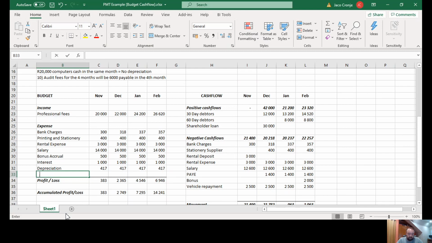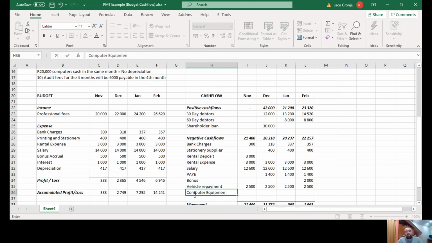So I can't put computer equipment in my income statement as 20,000 Rand because I'm going to receive long-term value from this computer. So the computer that I purchase will go in the cash flow. Computer in the same month as where the loan comes in. So 20,000 will go out there.